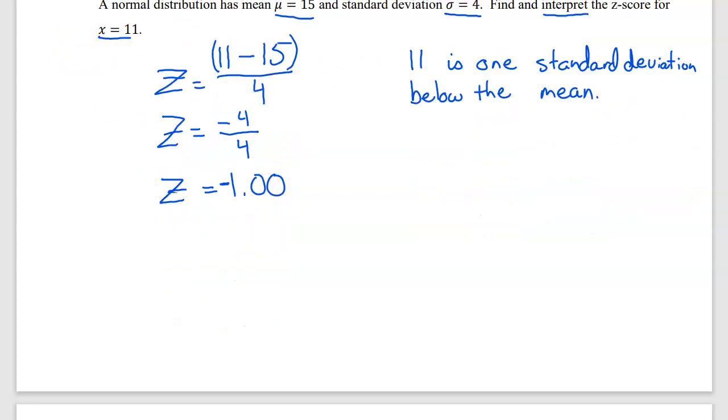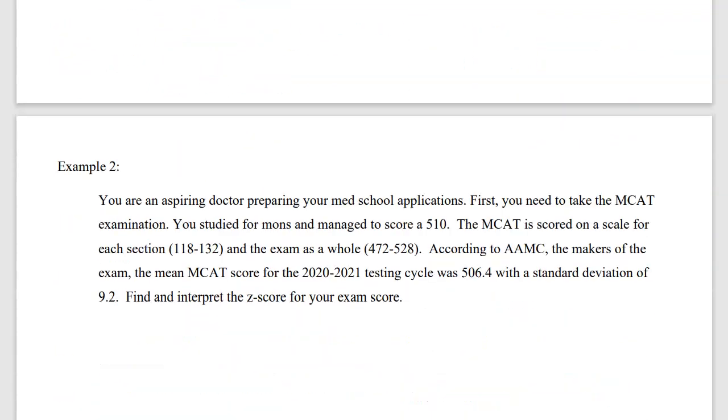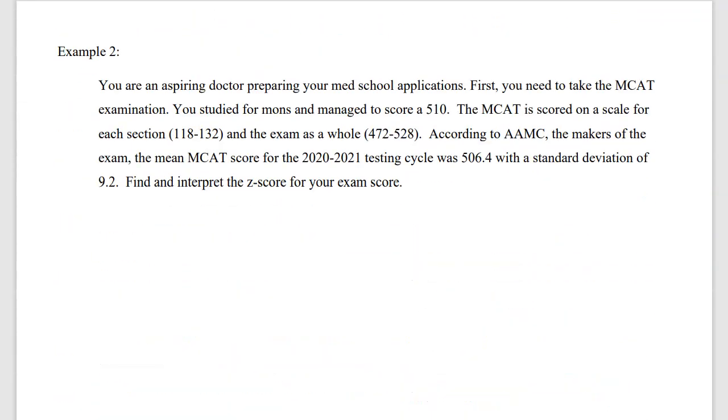Okay, let's look at an actual example with some real data. You're an aspiring doctor preparing your med school applications. First, you need to take the MCAT examination. You study for months, and manage to score a 510.